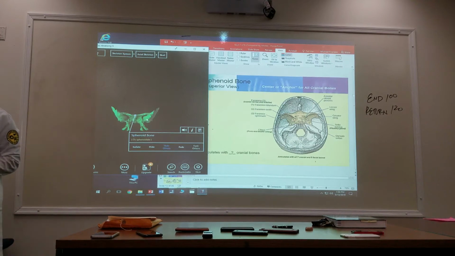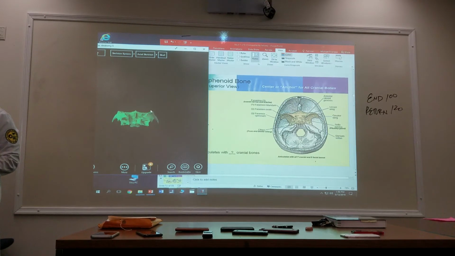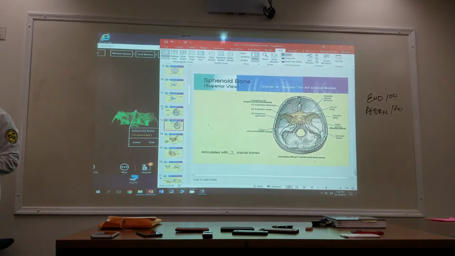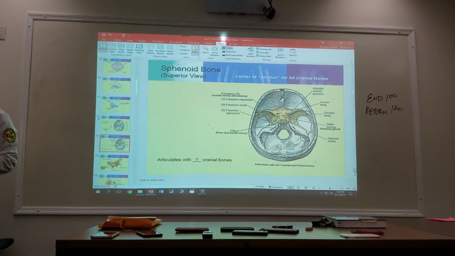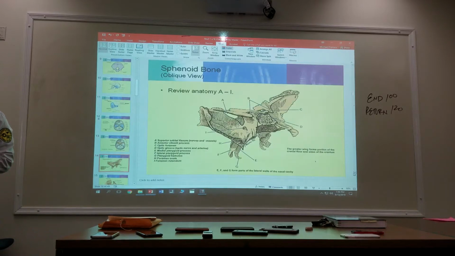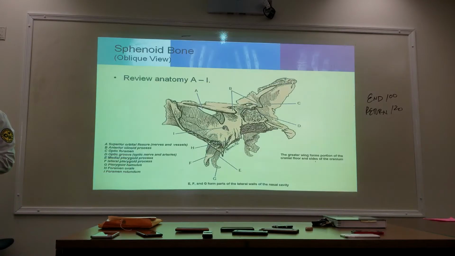It's ugly. So now let's look at the next slide. You guys see the labeling on this thing? There's a lot of parts to it. Like I said, it's a very complex bone.